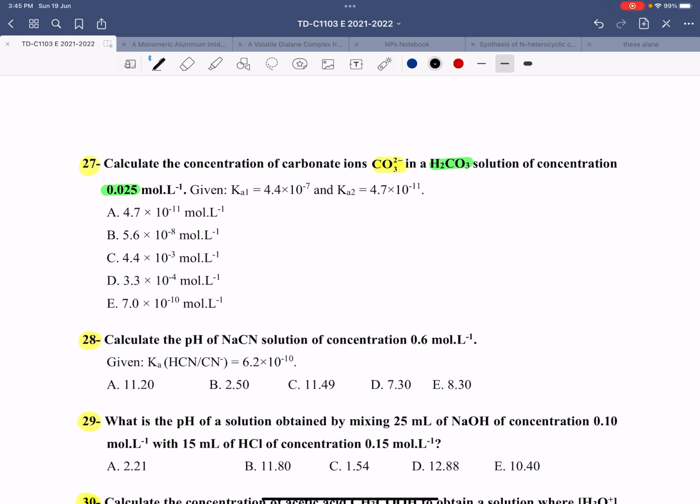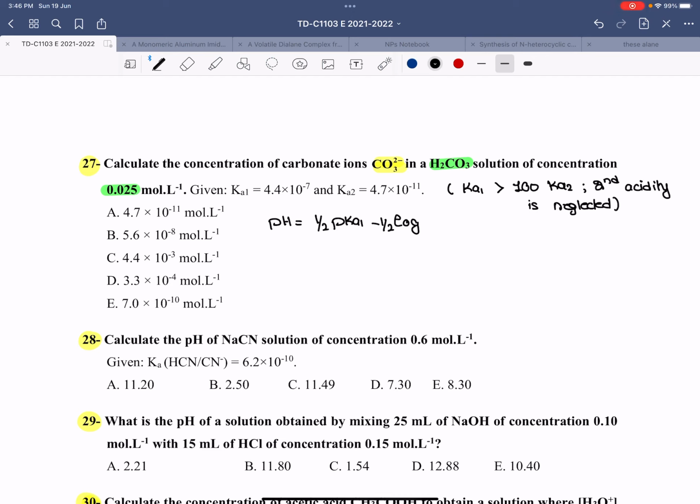But just to be sure, let's confirm. Since Ka1 is greater than 100 Ka2, the second acidity is neglected. Good. You can find the pH as it's a mono acid, starting from half pKa1 because we said the second is neglected, minus half log C. C is 0.025.